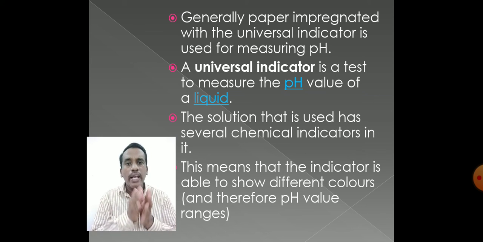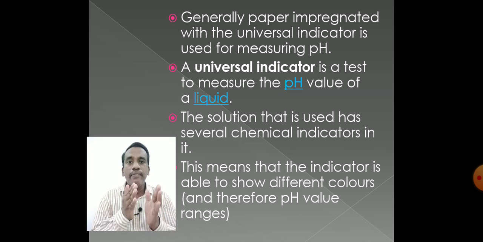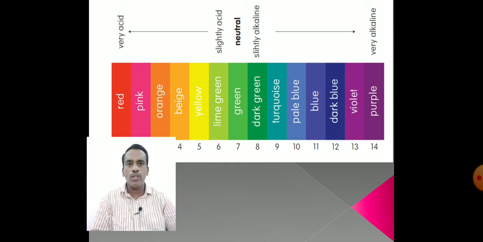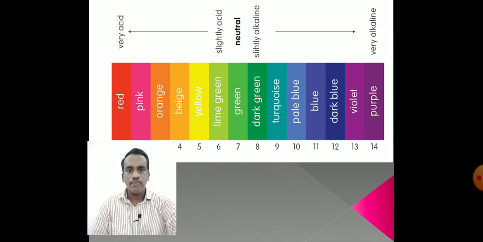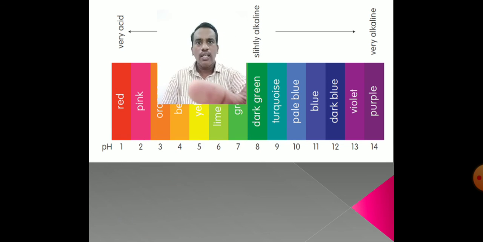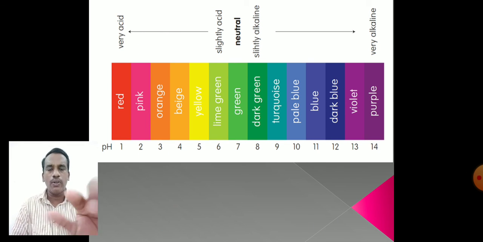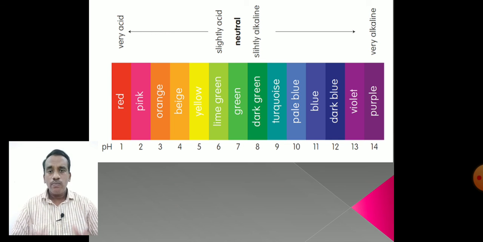Now we have an indicator called universal indicator. What is the indicator called? Universal indicator. Can you observe this indicator, children? Yes, I am getting it above, to the right side. Good. The pH chart we can call, it is shown by the universal indicator.